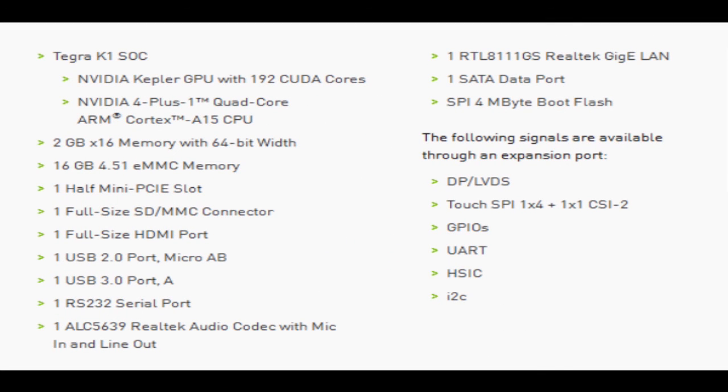If we look at the specs for the Jetson TK1, you'll see that it's got 192 CUDA cores. It's got 4+1 ARM cores. In fact, there's 4 main ARM cores and a second ARM core, which is used for various other things. And the 4 main cores run at up to 2.3 gigahertz.